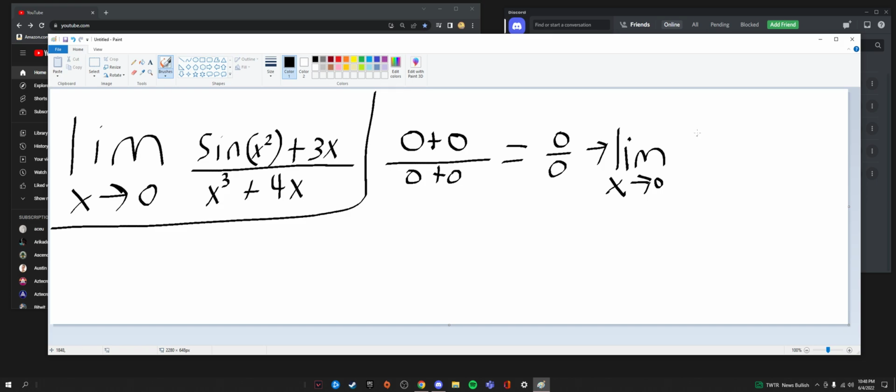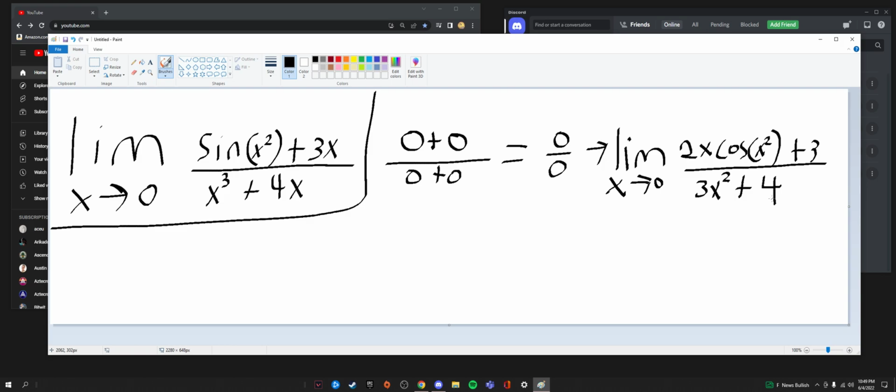First we take the derivative of the inside function: x squared's derivative is 2x, multiplied by the derivative of sine of x, which is cosine of x, and let's leave the x squared in. Then the derivative of 3x is just 3. This is all divided by the derivative of x cubed. We use the power rule, and we get 3x squared. And the derivative of 4x is just 4.